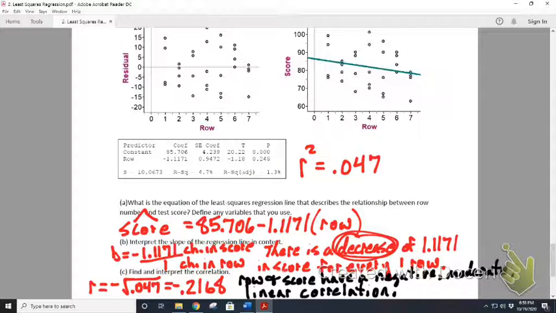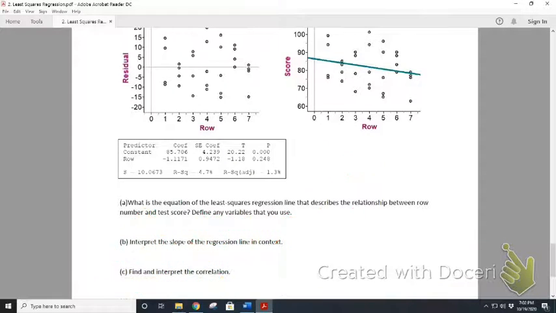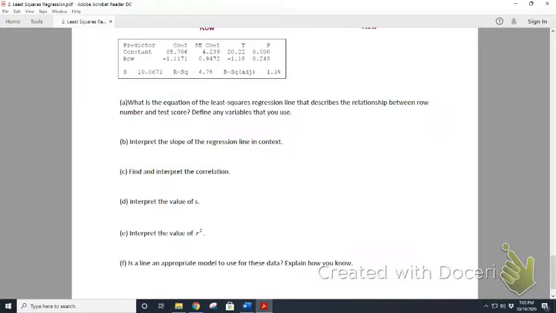All right, let's look at interpreting the standard deviation of the residuals. The standard deviation of residuals, as you see in the box, is 10.0673, and that's like an average prediction error.